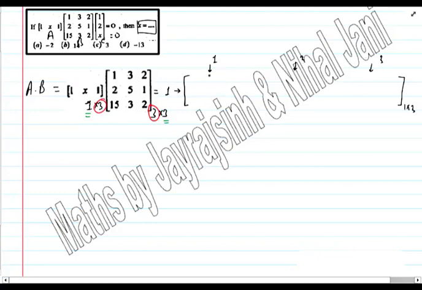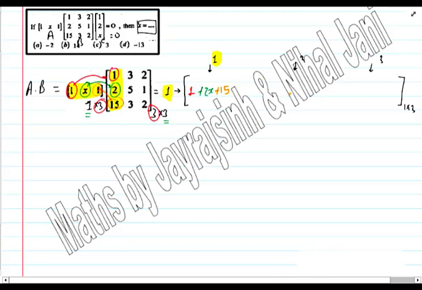So fatafat, let's find out the first element, which is in the first row and first column. So multiply first row and first column. 1 ones are 1, x 2s are 2x, 1 15s are plus 15.